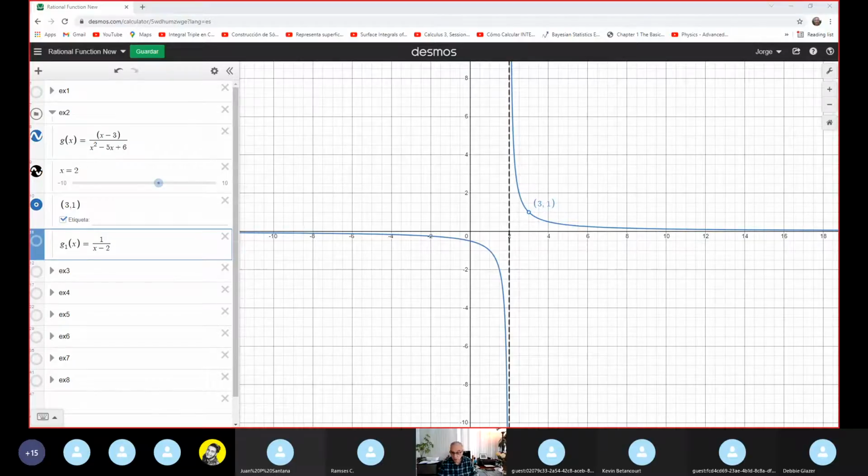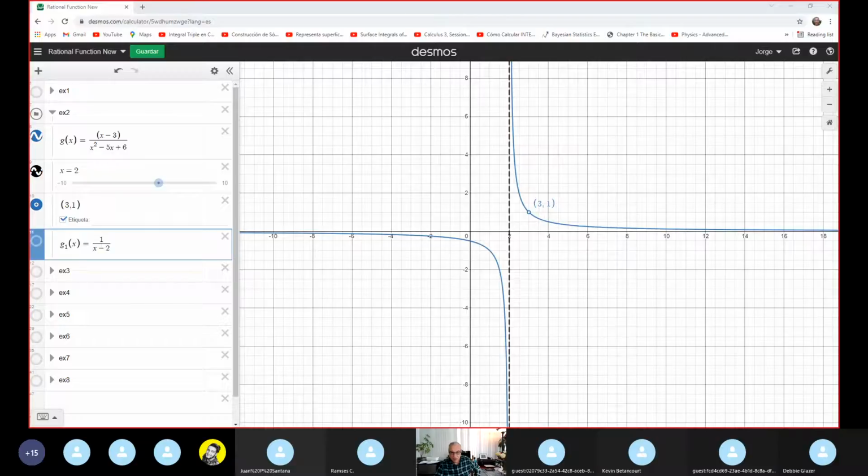Now, look. To determine if we have or not a horizontal asymptote, the analysis is clear. Analysis of the degree. The degree of the polynomial in the top is 2, because it's the highest power.